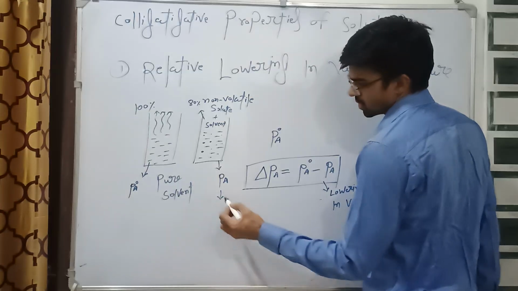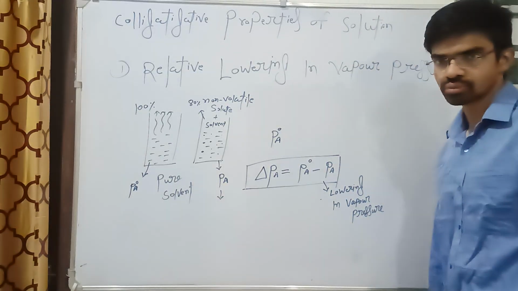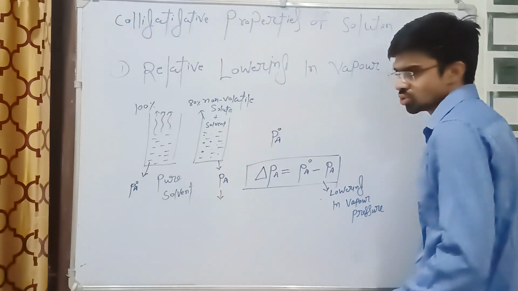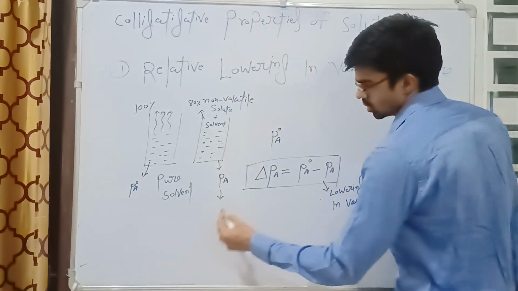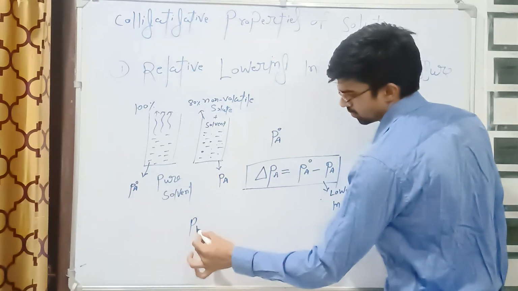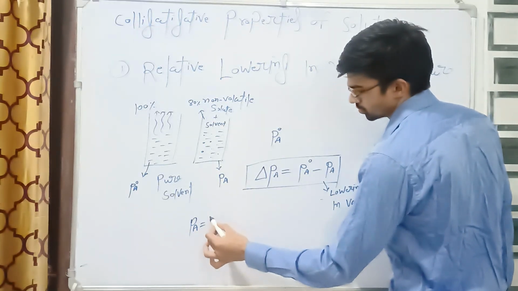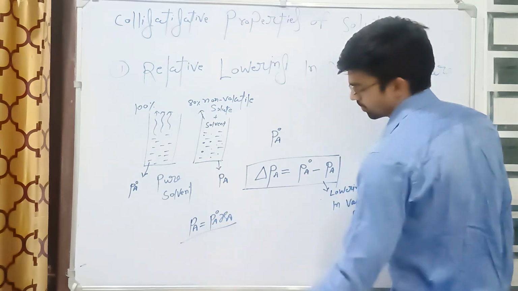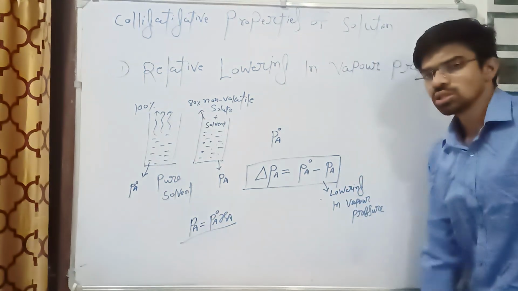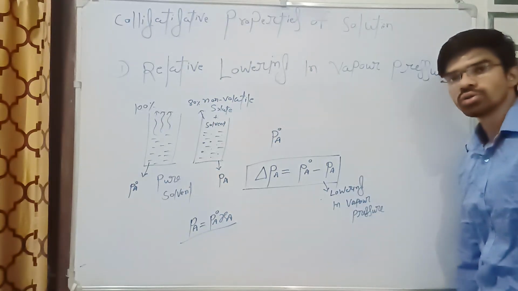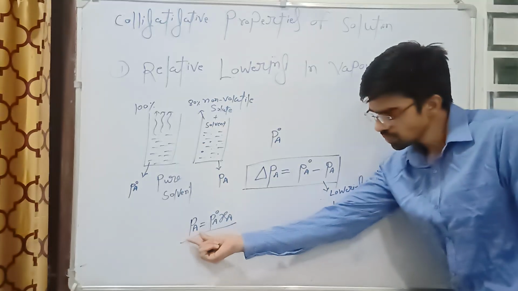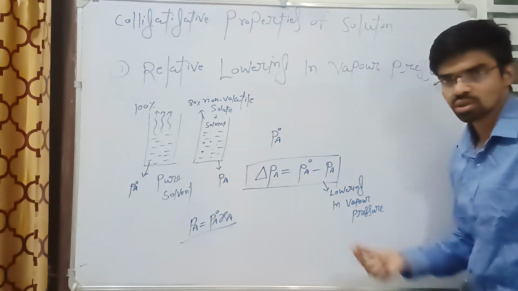that the vapor pressure in a solution of solvent or solute is equal to P naught A into XA. This is the vapor pressure formula according to the Raoult's law. Now we can substitute this PA value in this equation.